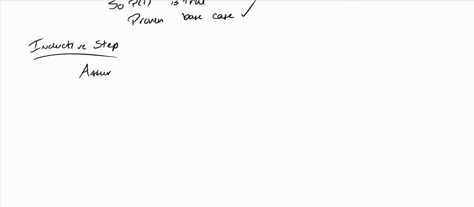Now my inductive step. Remember, what you do in an inductive step is you assume that Pn is true and you try to prove Pn plus 1. So assume that Pn is true.